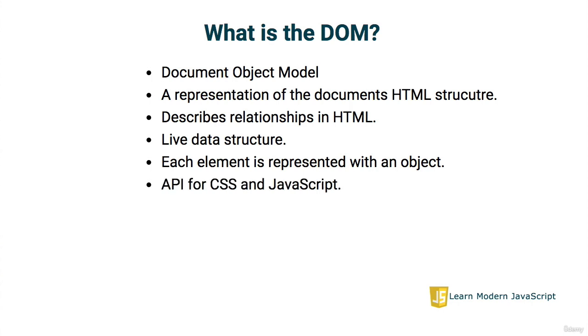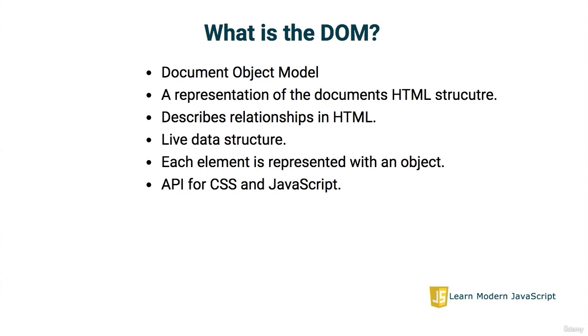Finally, the DOM is an API. API stands for Application Programming Interface. This is an interface to the HTML page. It allows us to make changes to and read from the HTML page. And it's an API for both CSS and JavaScript. CSS uses the DOM as well to access parts of the HTML page and to style those parts.